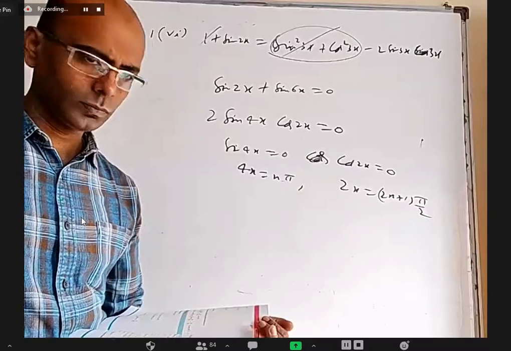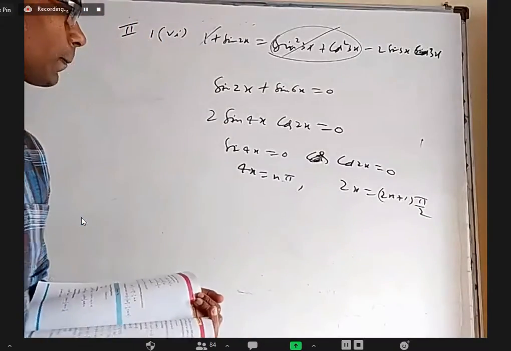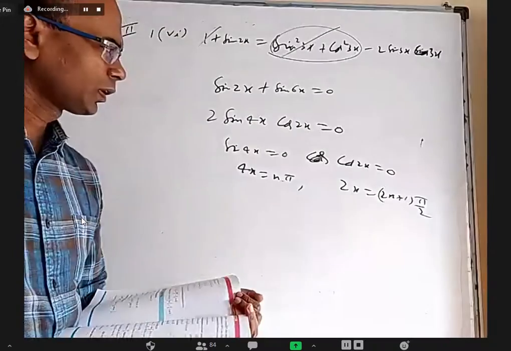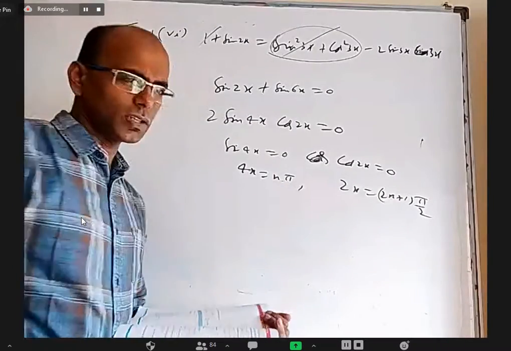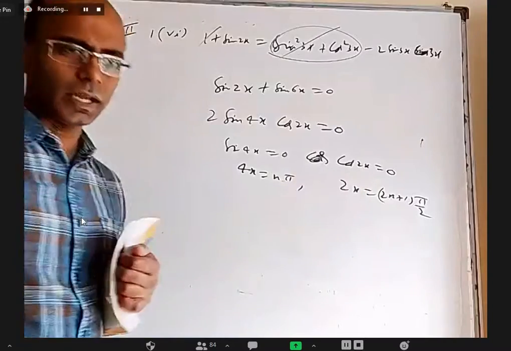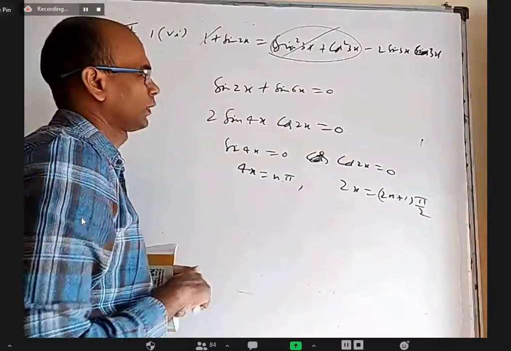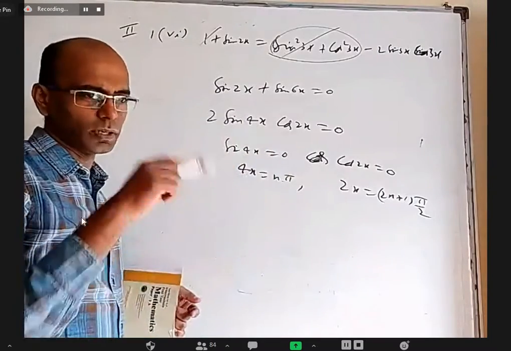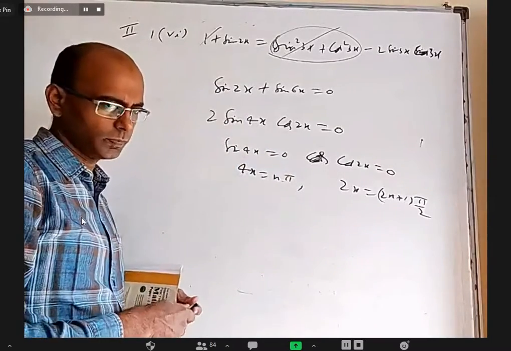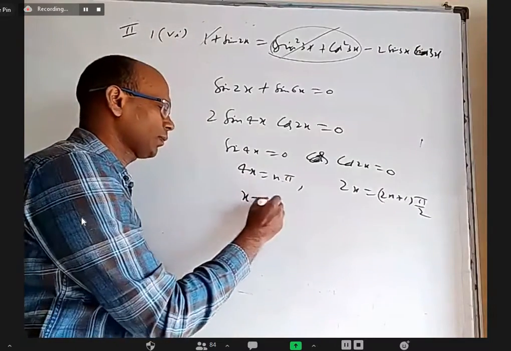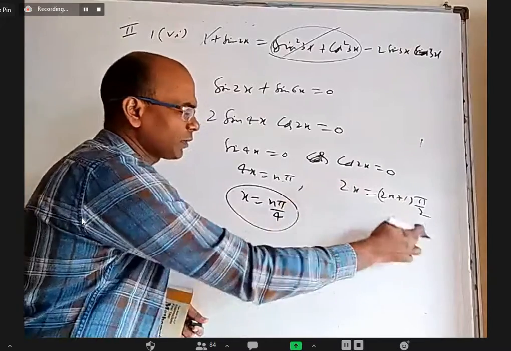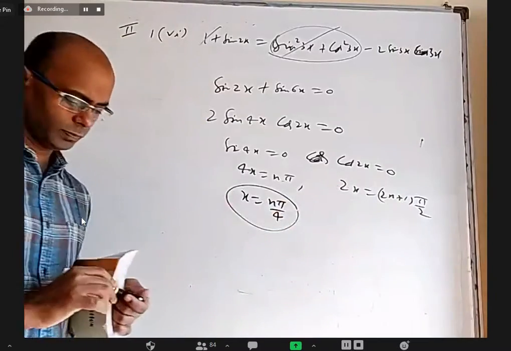Yes, sir. Okay. You can divide by 4 here and by 2 here. Actually, this will include even this also. I think we don't have to write this. Maybe in the answer, this may not be there. You can directly say, whenever cos 2x is 0, sin 4x is 0, because sin 4x is 2 sin 2x cos 2x. So x equal to n pi by 4, that is sufficient. So we don't have to give (2n plus 1) pi by 4 because that is a subset of this.